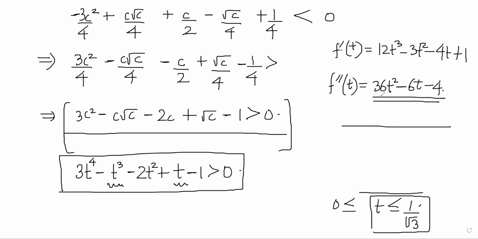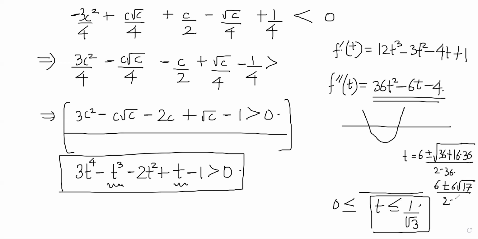We have the quadratic like this, and the roots of this quadratic are t equal to 6 plus minus root over 36 plus 16 into 36, by 2 into 36. So we can easily see that it is 6 plus minus 6 root 17 by 2 into 36.